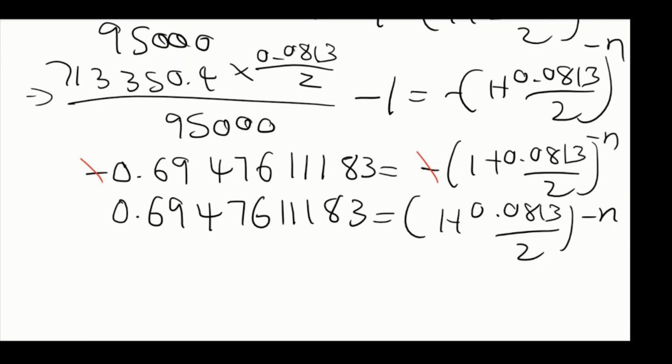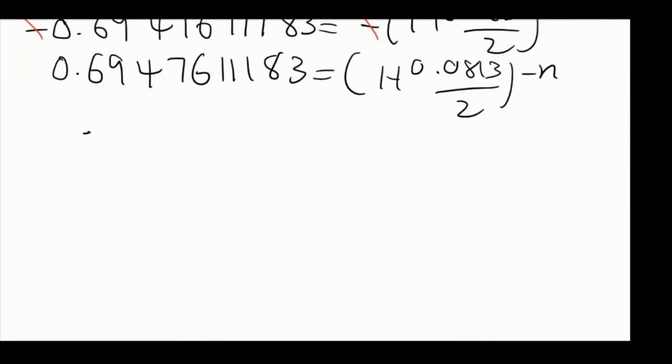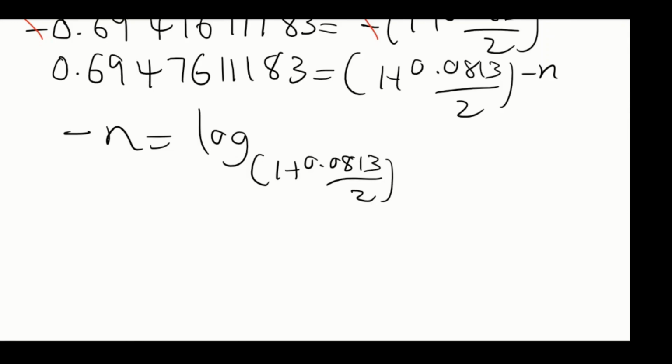Then we're going to use our log to find the value of n. So it's going to be minus n is equal to log of our base, which is 1 plus 0.0813 over 2, of 0.6947611183.